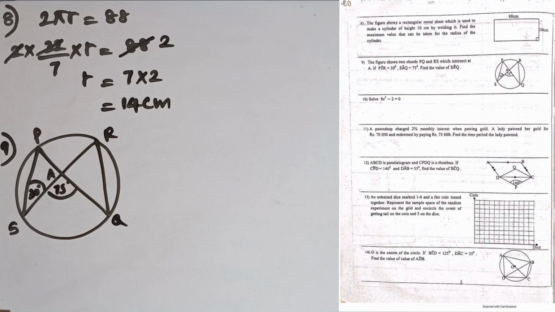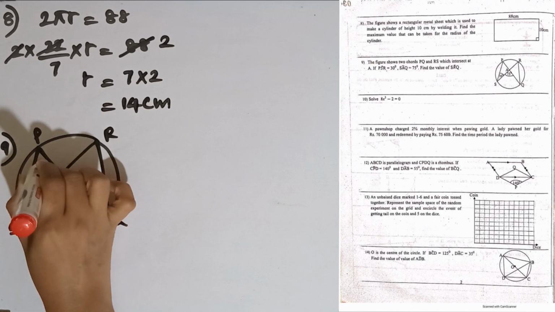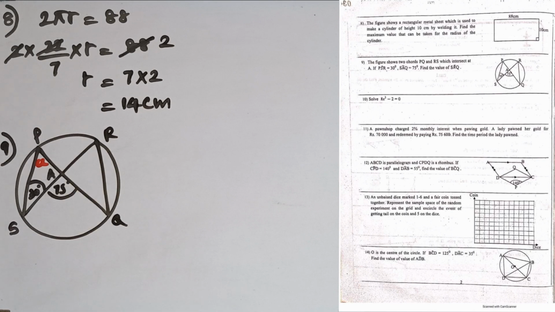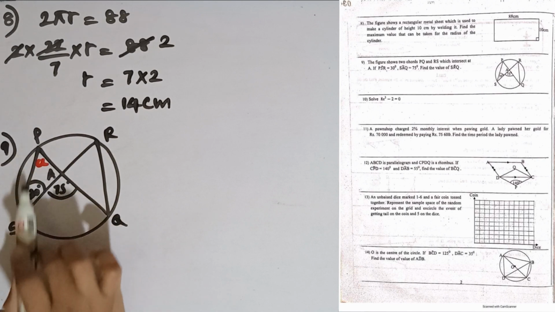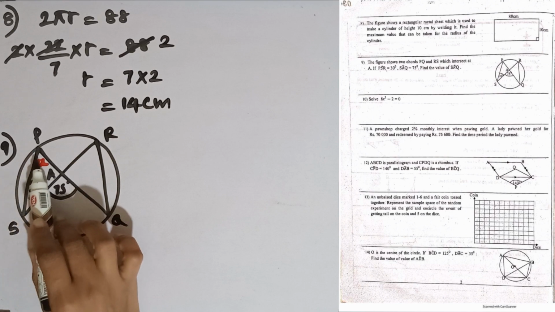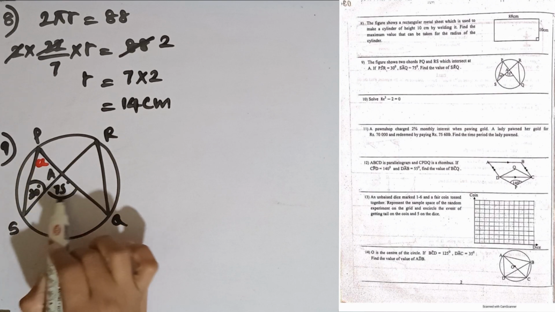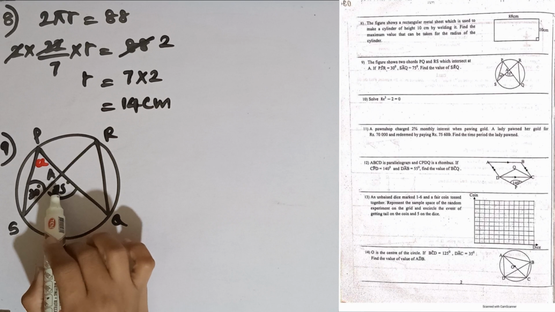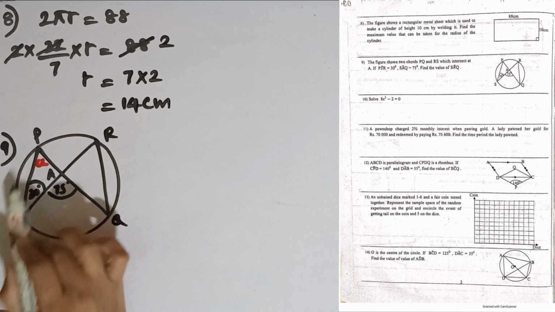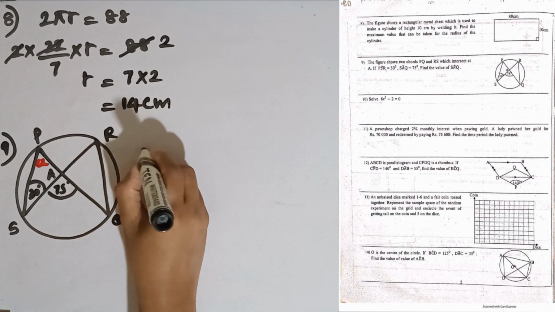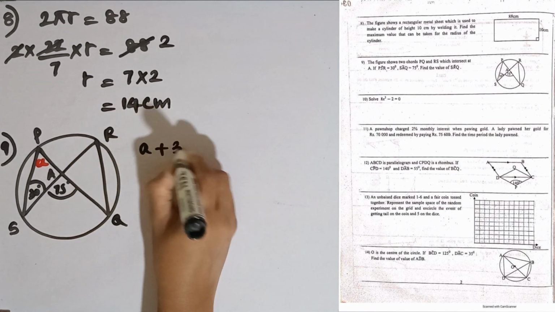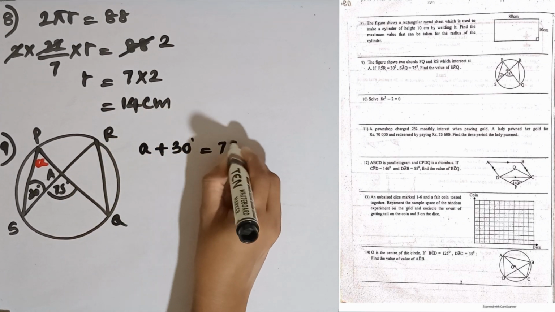So if we take this angle as A, then if you take this triangle, this is the exterior angle. Exterior angle is equal to the sum of the interior opposite angles. So I can write A plus 30 is equal to 75 degrees.